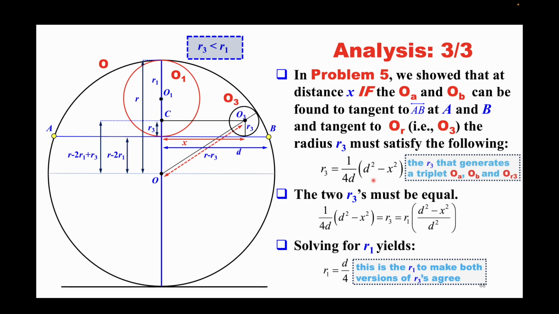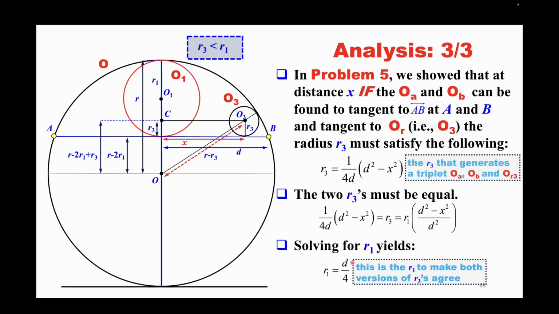In other words, if the radius R3 satisfies this condition, then OA and OB can be constructed. So the R3 we found here and the R3 we obtained on the last slide must be equal to get OA, OB to satisfy our condition. This is what we found here, and this is what we found on the last slide.